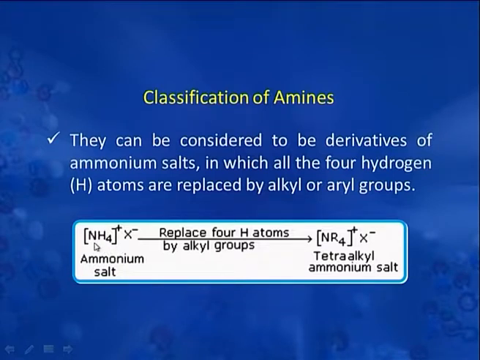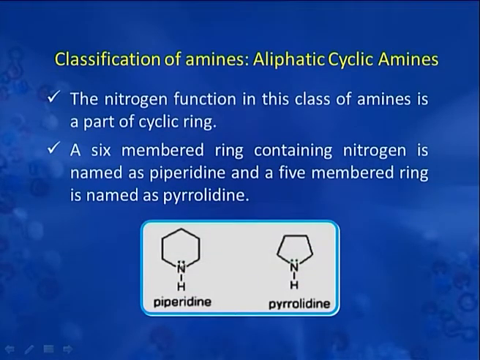The amines are also classified as aliphatic cyclic amines. Aliphatic cyclic amines are those amines in which the nitrogen function is a part of a cyclic ring. Like in this case, you can see that this is a 6-membered ring, where one of the members of the 6-membered ring is nitrogen, and here in the 5-membered ring nitrogen is a member of the ring.